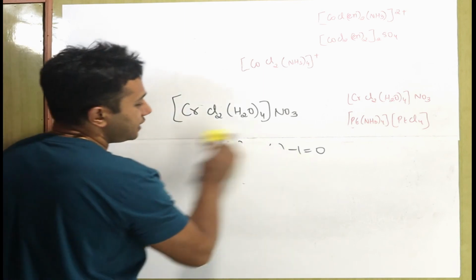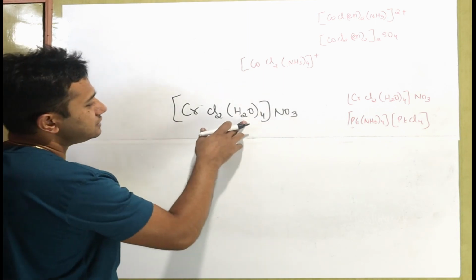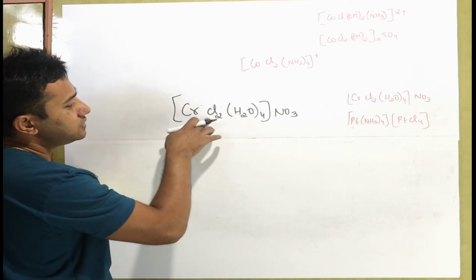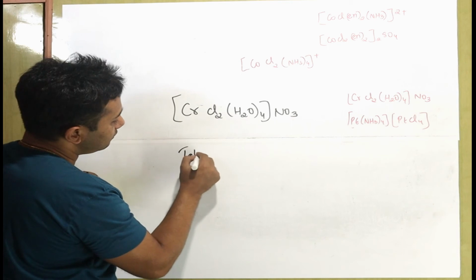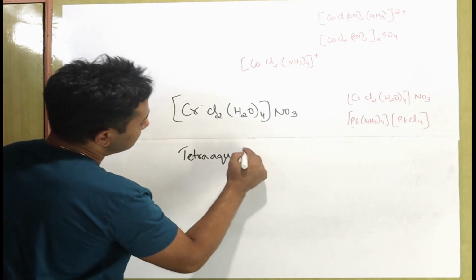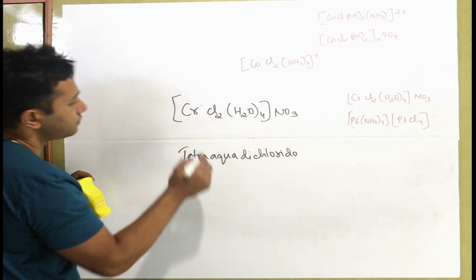So now we shall write the name again. So now this is aqua, AQUA. It starts with A, this starts with C. So I'm going to write this one first. So we have tetraaqua dichlorido.